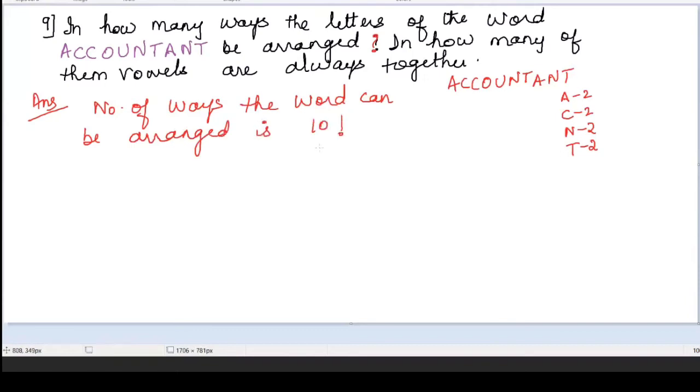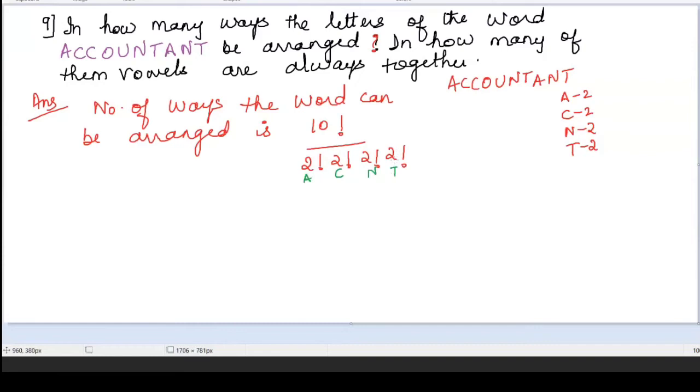All the repetitions I have to divide. So A is repeated 2 times, so 2 factorial into 2 factorial into 2 factorial into 2 factorial. To be on the safer side, let us note down who is this 2. This 2 is A, this 2 is C, this 2 is N, this 2 is T. This is for us to understand, because later we will be in trouble if we do not follow which numbers we have written there.